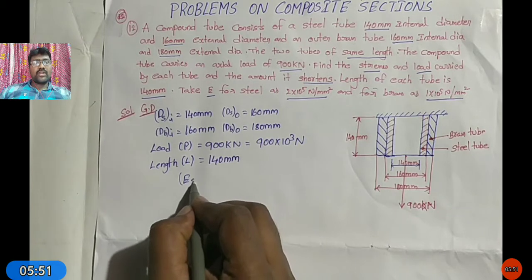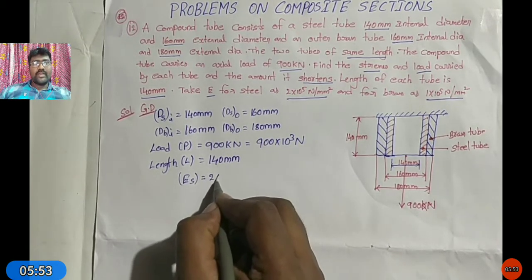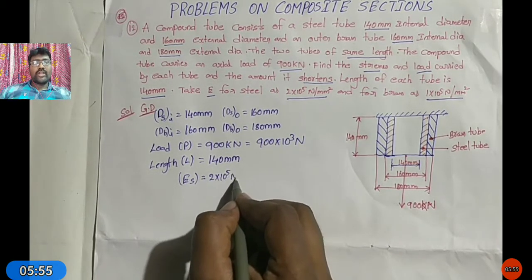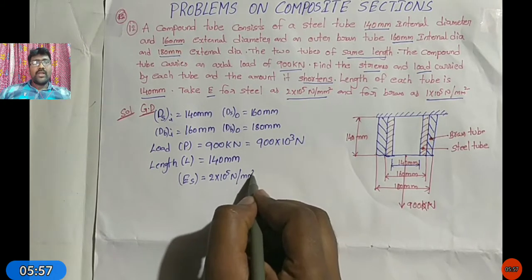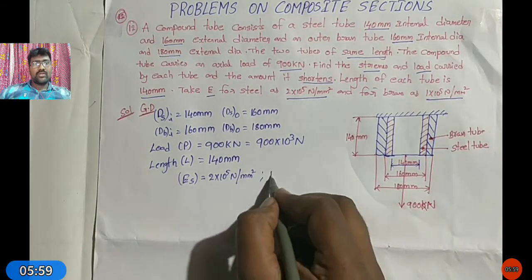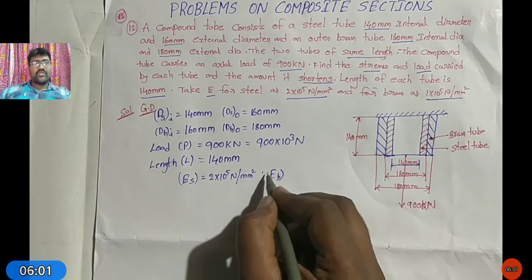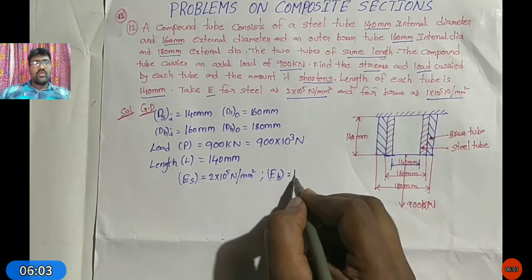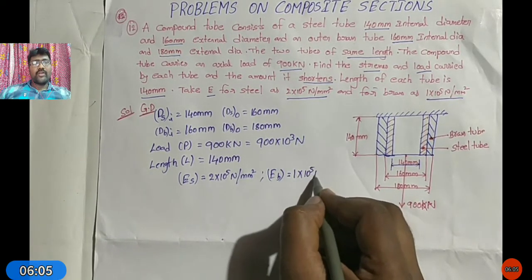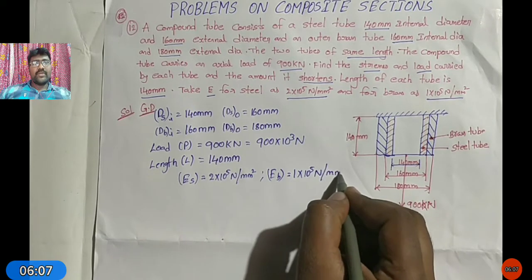Next, Young's modulus for the steel tube is given as 2 into 10 power 5 Newton per millimeter square. Similarly, Young's modulus for the brass tube is 1 into 10 power 5 Newtons per millimeter square.